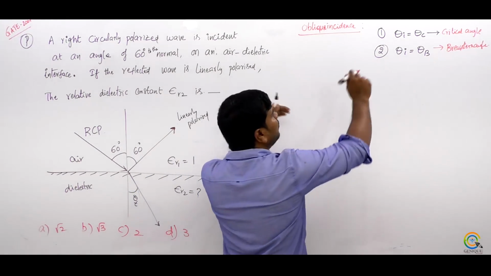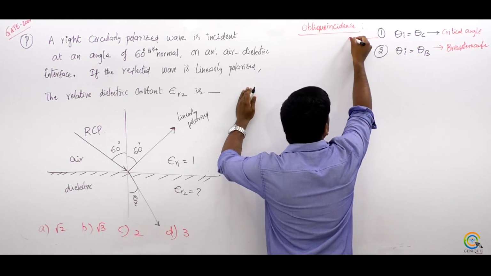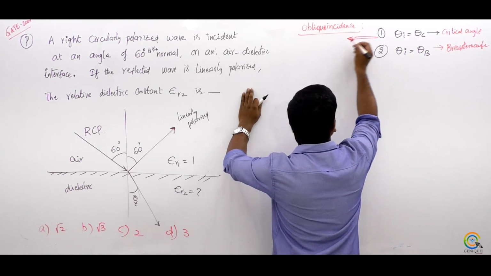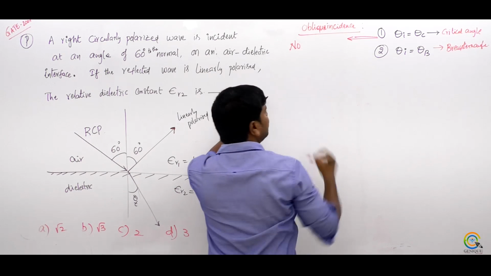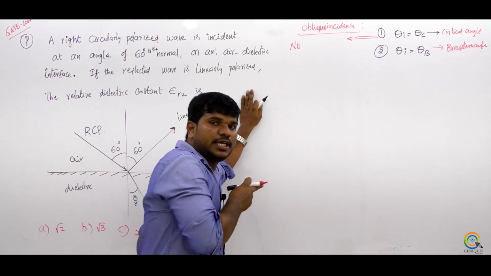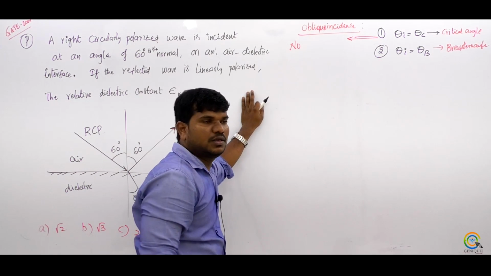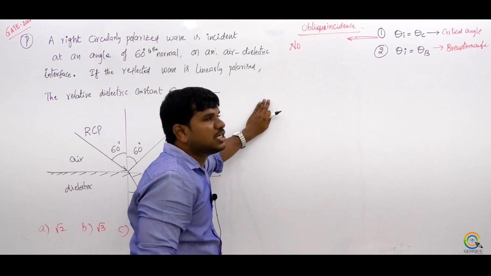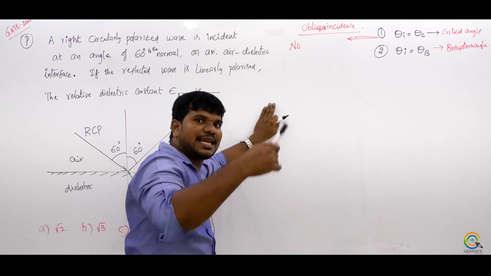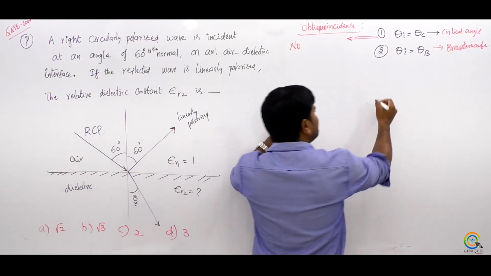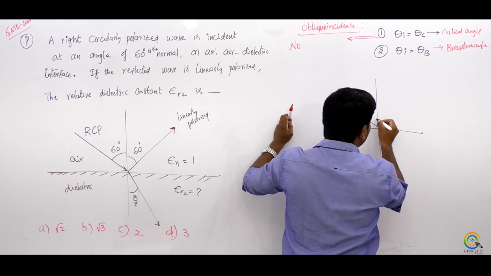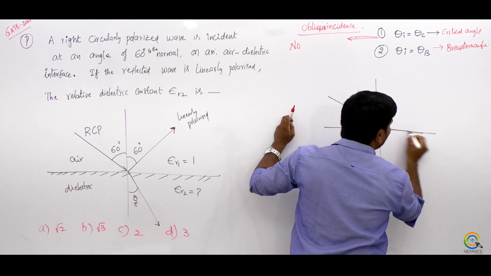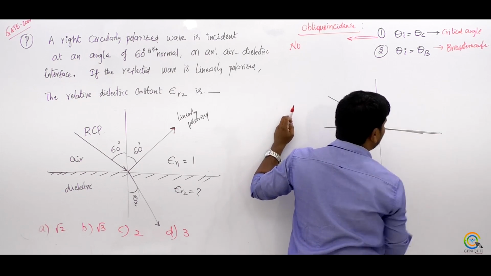So what happens at the critical angle? At the critical angle, there is no transmitted wave. If I incident with the critical angle theta c, the transmitted wave goes through the interface.